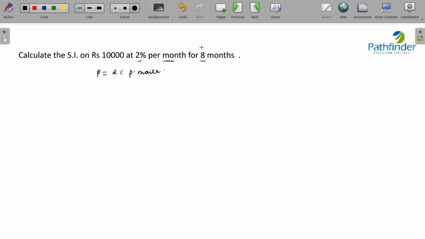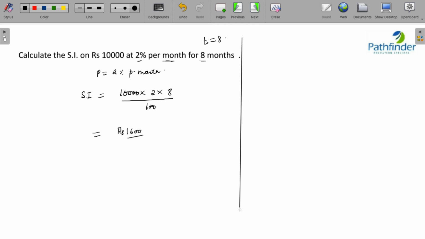So remember, since the rate of interest is given in terms of per month, your T must be 8 here. So what is your simple interest? 10,000 into R is 2 into T is 8 upon 100, and you will get rupees 1600 as the answer.